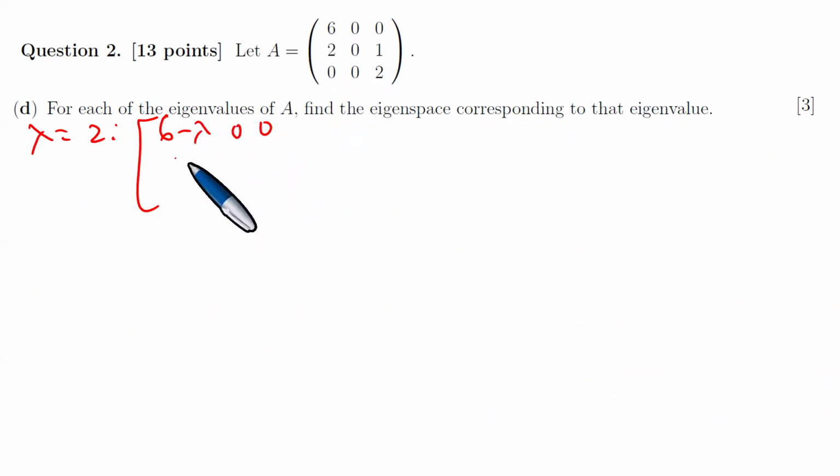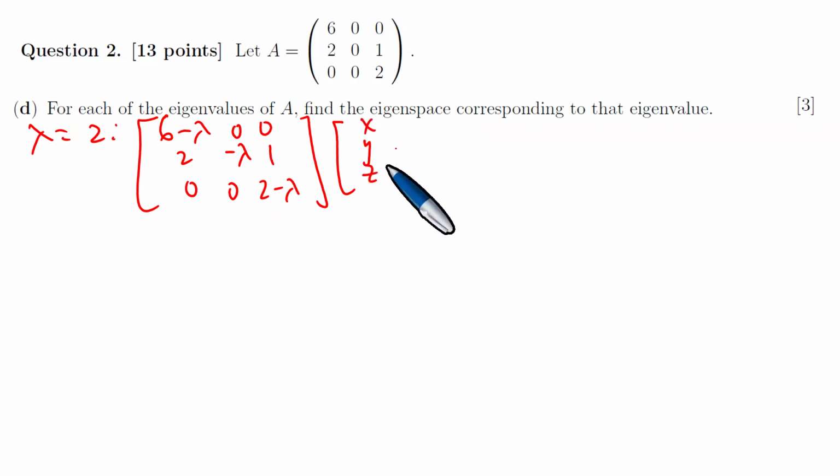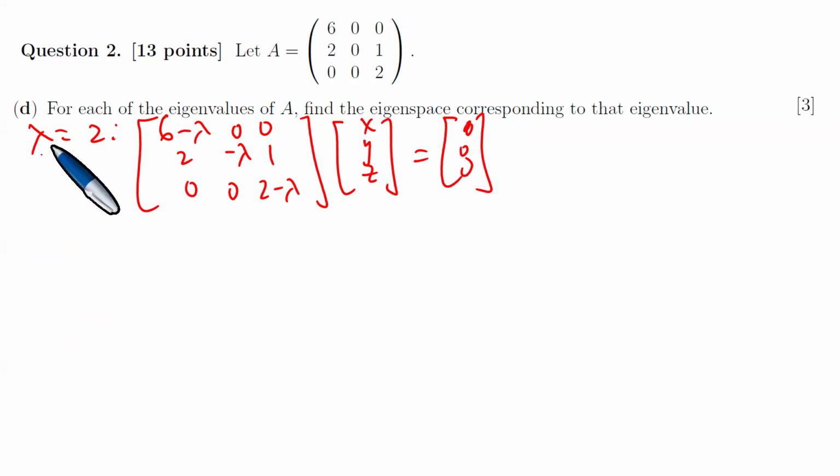Let me write this trivial step here, but minus lambda. You just subtract lambda along the main diagonal. So you have 0, 0, 2 minus lambda, times X, Y, Z, and this one equals 0, 0, 0. Now we're taking lambda equals 2.